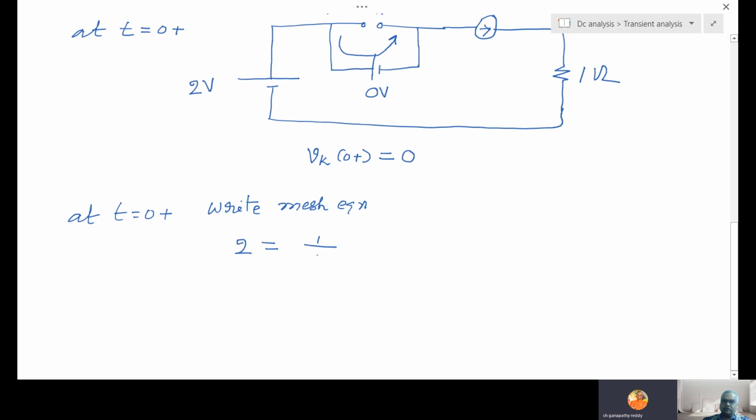So 1 by C integral, initial voltage anyway 0, from 0 plus to t of I of t dt, plus L dI by dt. L value is 1, then di by dt, plus R into I. R is 1, so I of t. So this is the mesh equation.